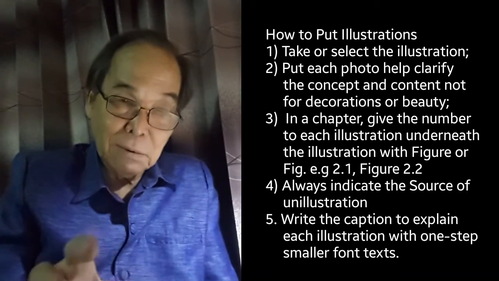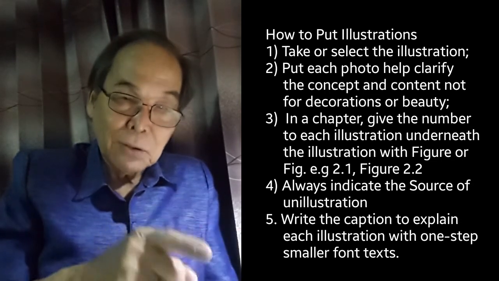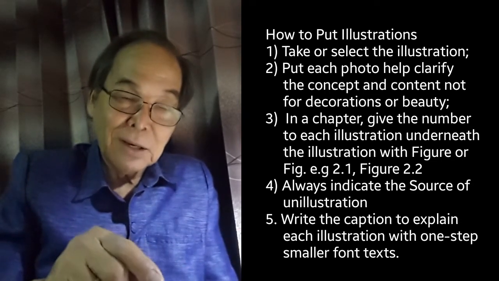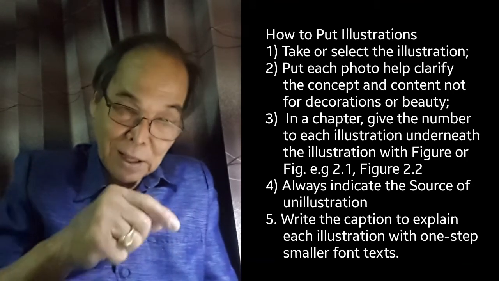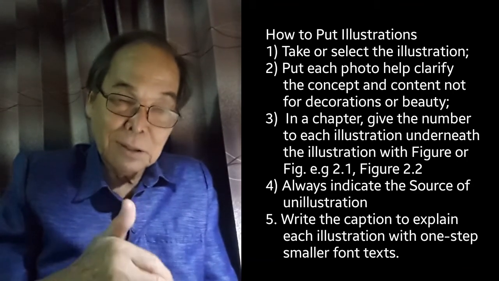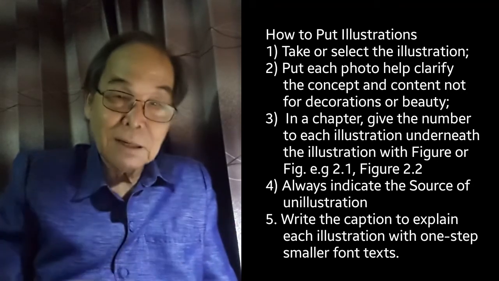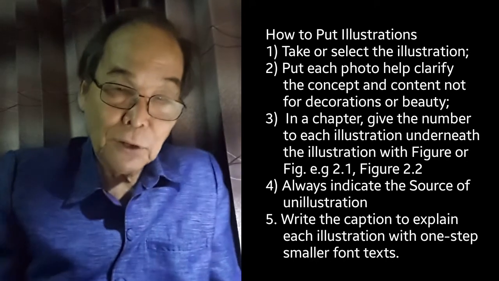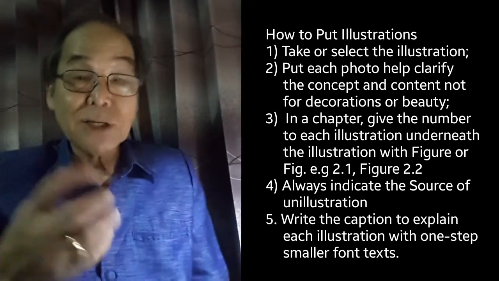But I would recommend you to write figure 2.1 and then you describe it. Okay. And then the line below it you have to say source of that picture or photograph or drawing, whatever it is, unless you do it yourself.